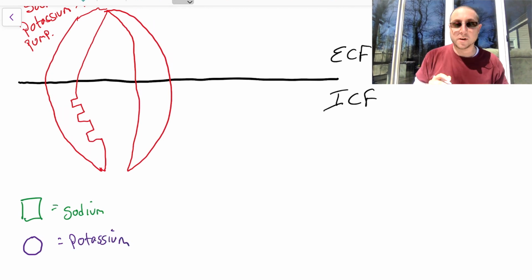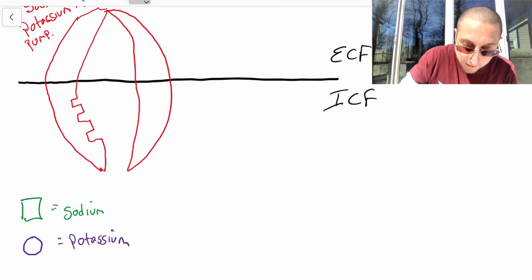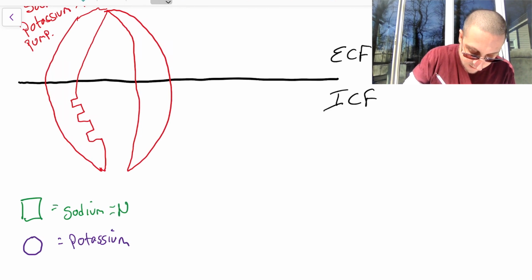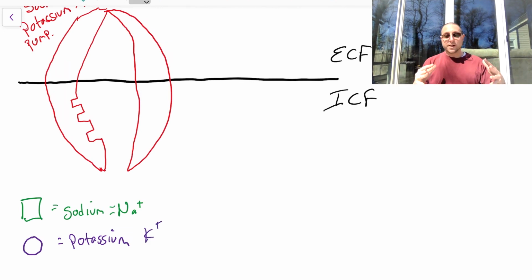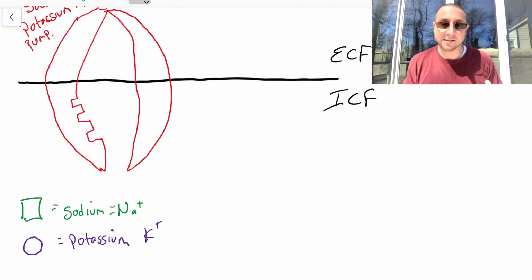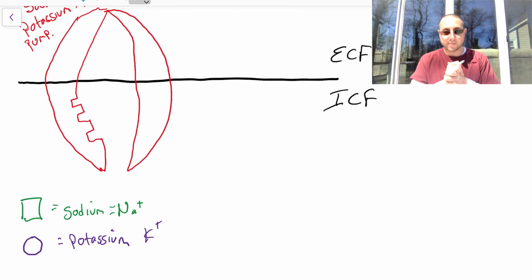Now, from this point on, I'm going to be referring to sodium as Na on my drawings. So Na plus and potassium is K plus. Now you might be saying, wait a minute, they're both positive. The outside's positive. Then like, what's going on here? But we'll take a look and we'll see how this works. And we're going to talk about it in steps.